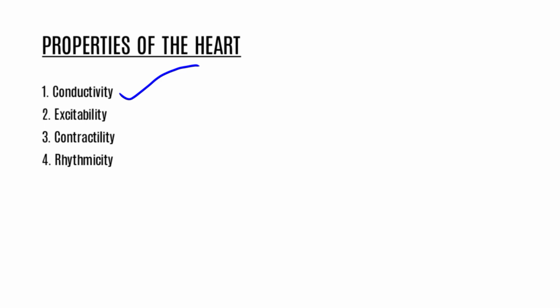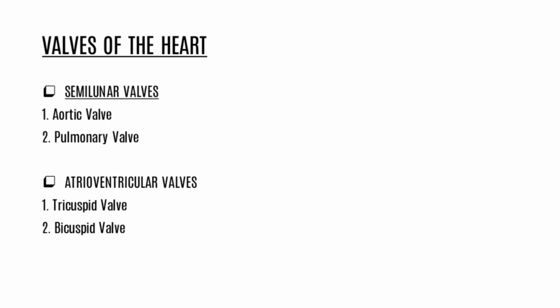The excitability, meaning that when there is the presence of an impulse, the heart will be stimulated to move. The next property we have is the contractility. As a muscle, it can contract and relax, contract and relax. The heart also has a very important feature called rhythmicity, meaning that it's able to beat at a steady frequency and rhythm.